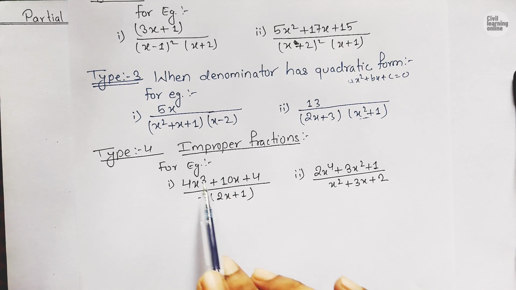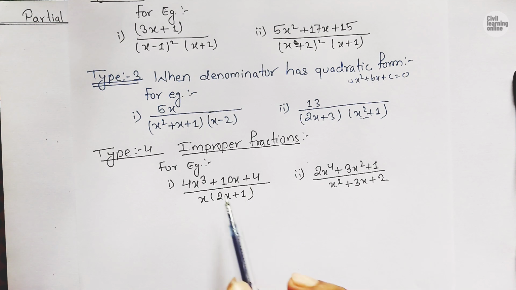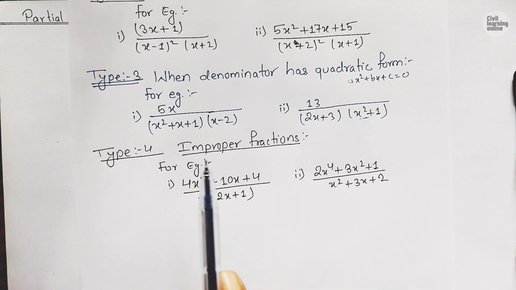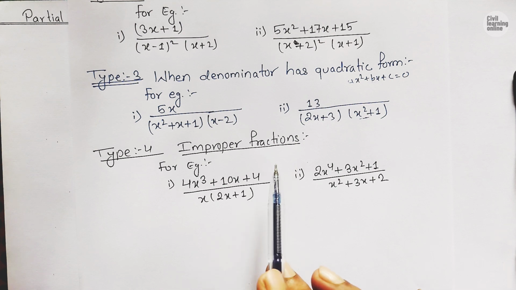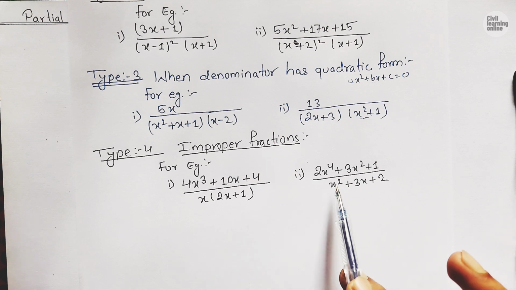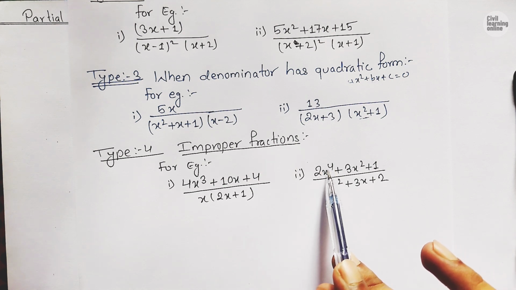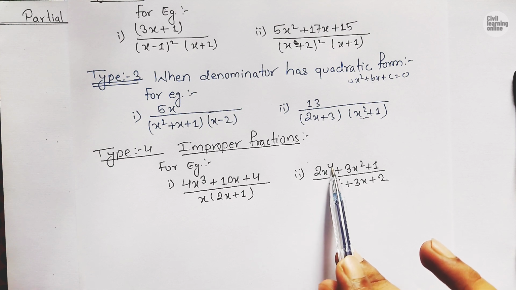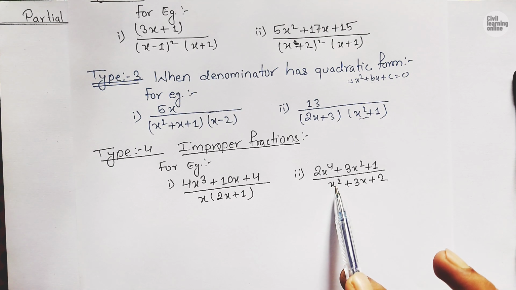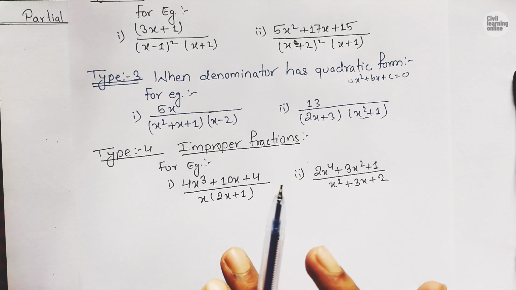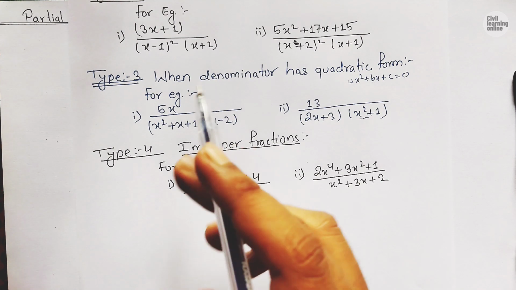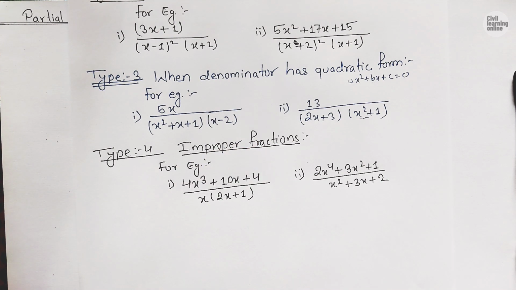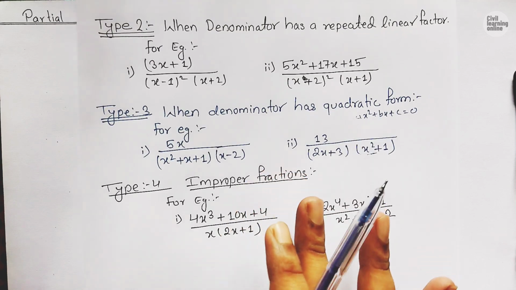How to solve an improper fraction to find its partial fractions, we will learn in this series. Similarly, here the numerator has the highest degree 4, and the denominator has degree 2 only. I will discuss these numericals one by one, and you will be able to solve any kind of numerical related to this concept.